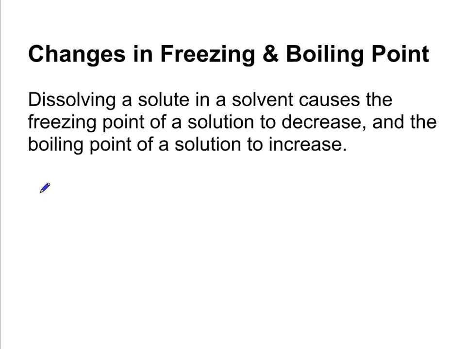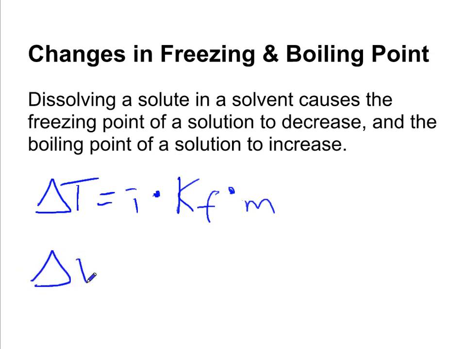For freezing point depression, delta T, the change in temperature, is equal to i, which we'll talk about in a second, times Kf times little m, molality. Our equation for boiling point is delta T equals i again times Kb times molality.